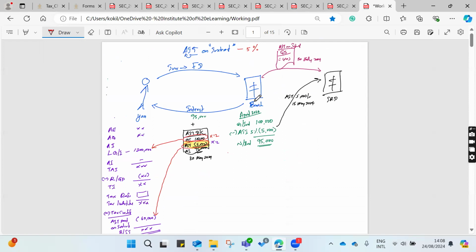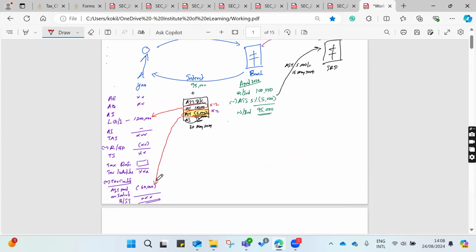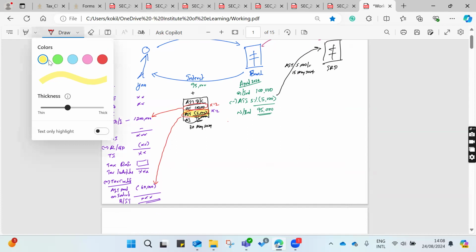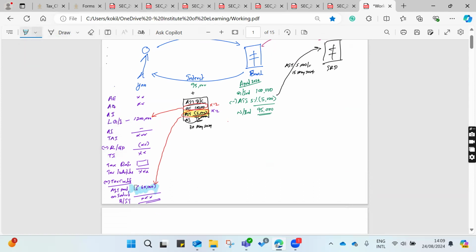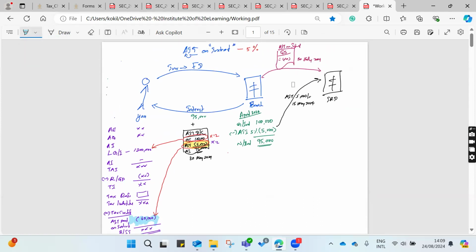In order to claim this credit, the practical issue is that when you are claiming this credit of 60,000 annually, at the same time the respective bank or financial institution would have submitted a quarterly return, and that amount, your TIN number, and your NIC or the reference or withholding certificate numbers should match with the IRD record.